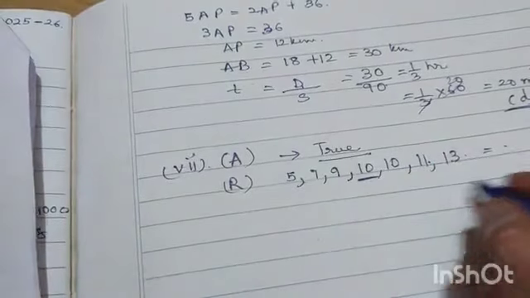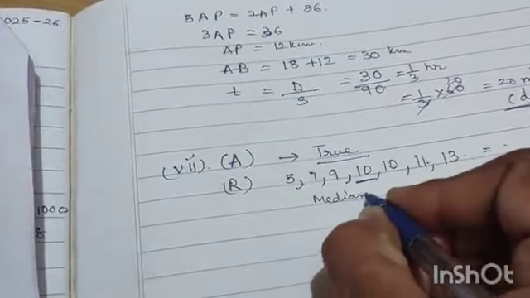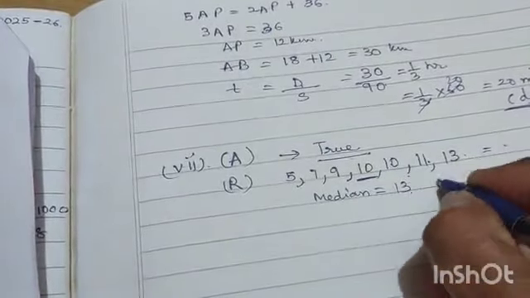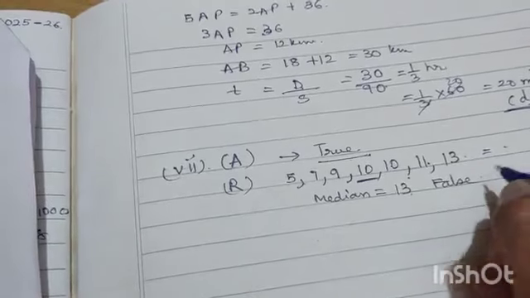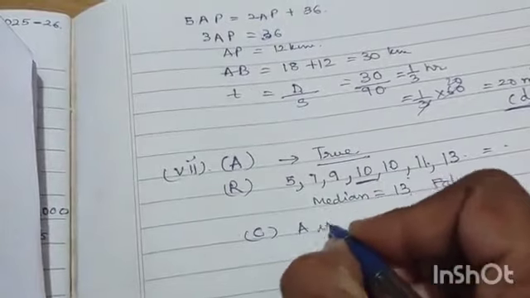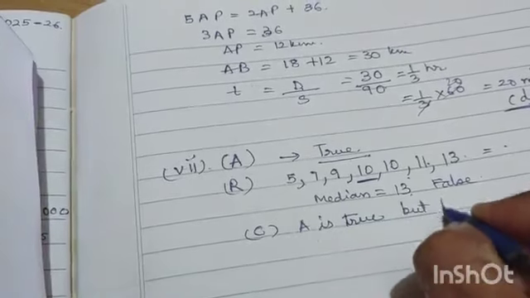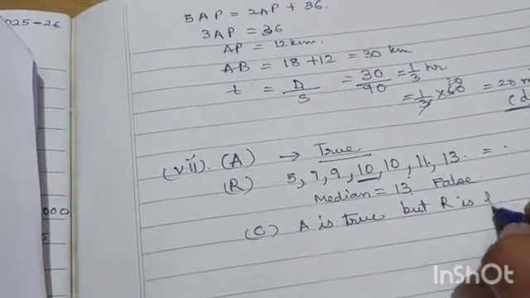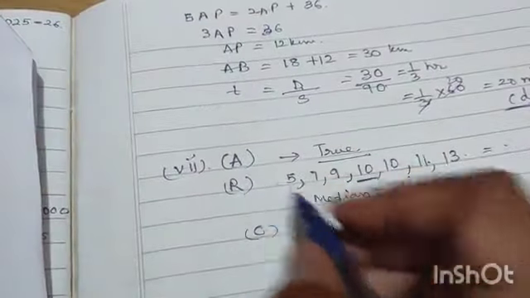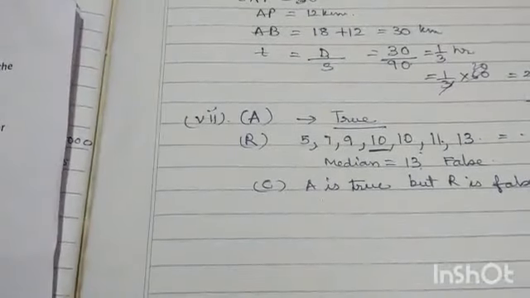So our median is 10, but in the question it is given median is 13. So this is false. So option is C. A is true, but R is false. A stands for assertion; the assertion is true, but the reason R is false.